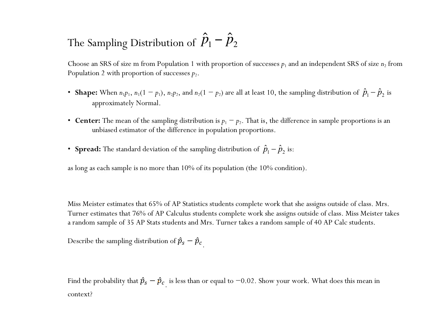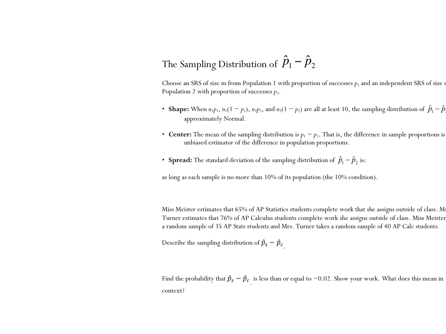So before, when we had one distribution, our normal condition was np and n(1 minus p) greater than or equal to 10. If I have two populations and I'm drawing two samples, we need that for population 1 and for population 2.